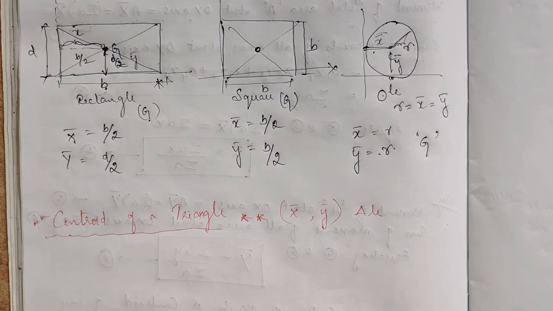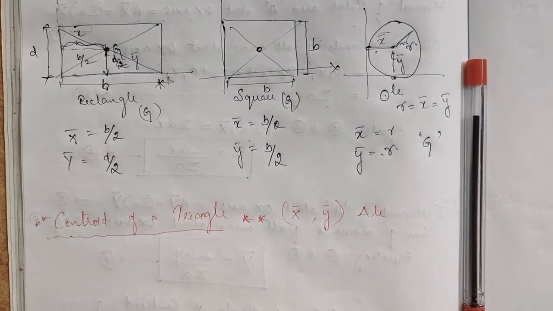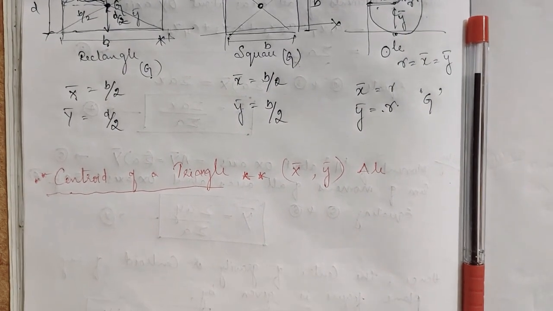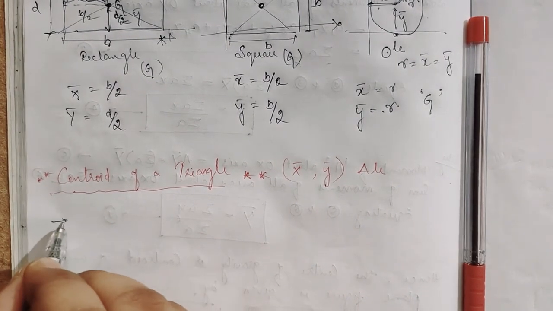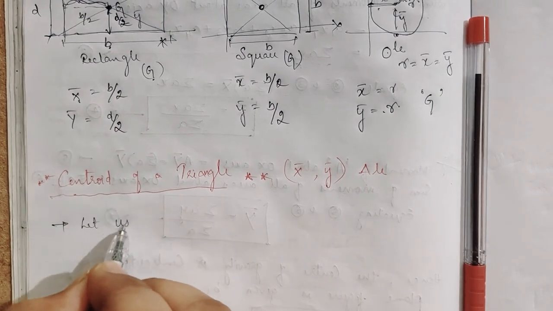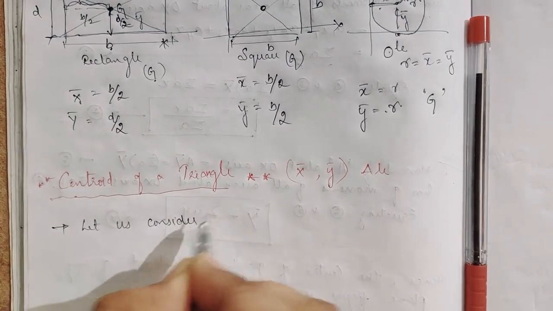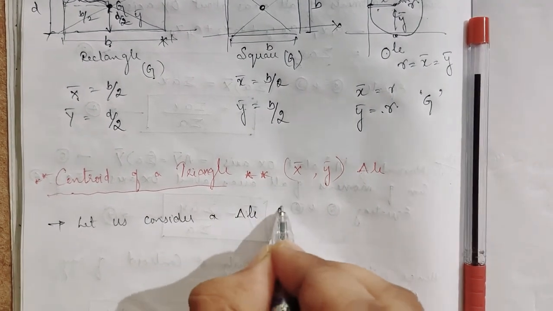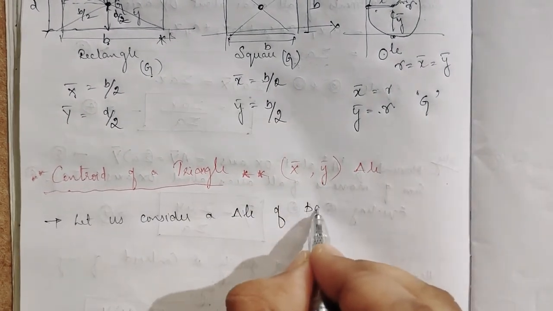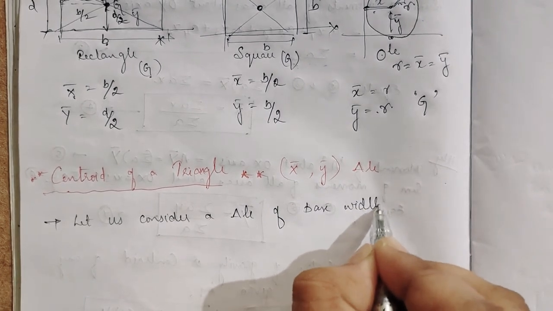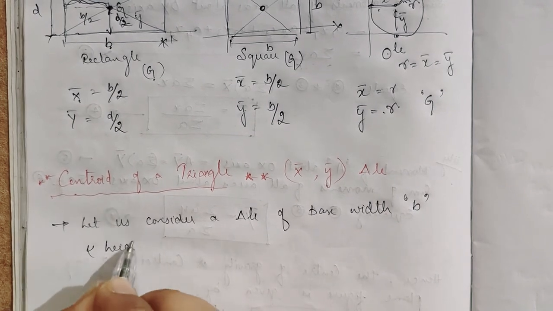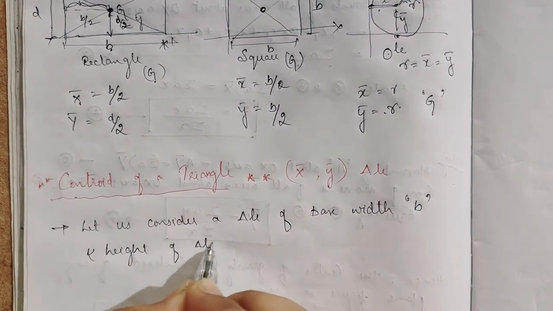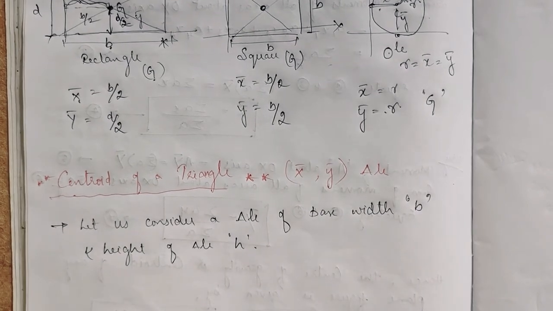So we'll discuss it now. They will give just a question: define or describe the centroid of a triangle. So what should we do? Let us consider a triangle of base width b, which we have to assume, and height of the triangle h.